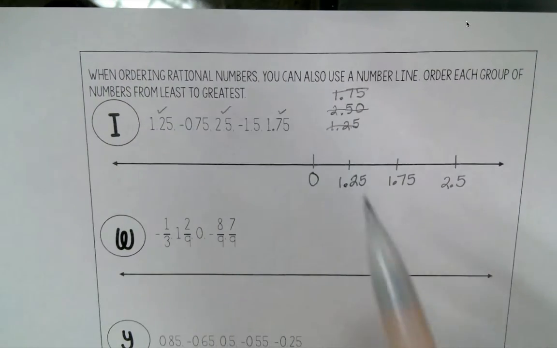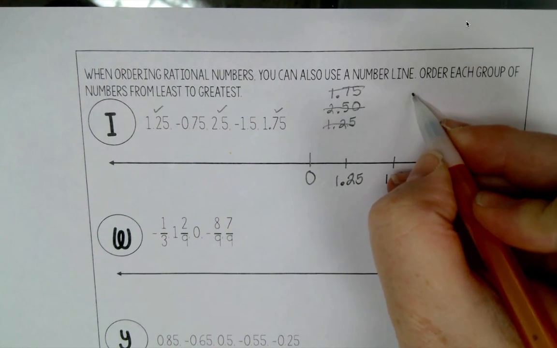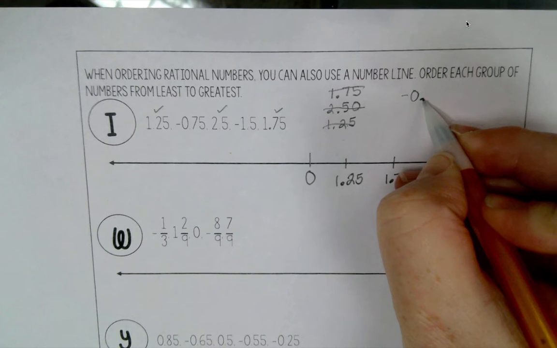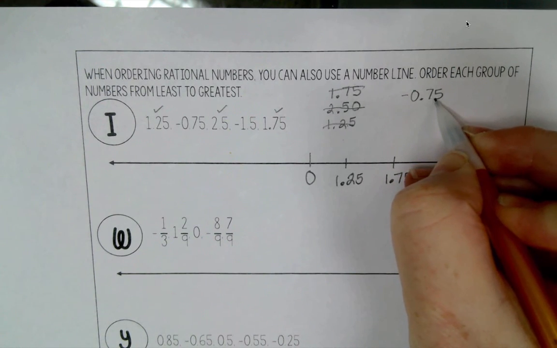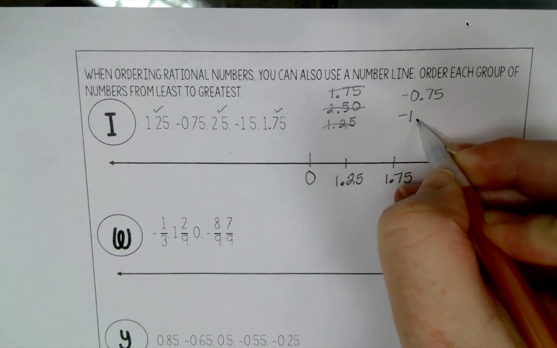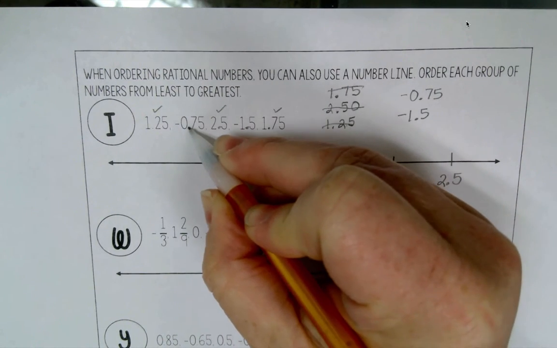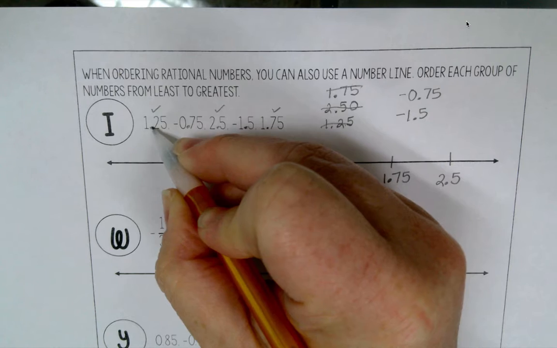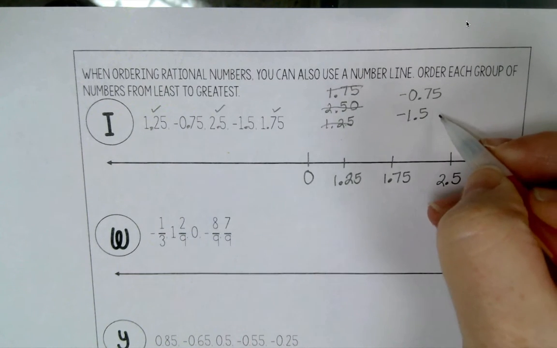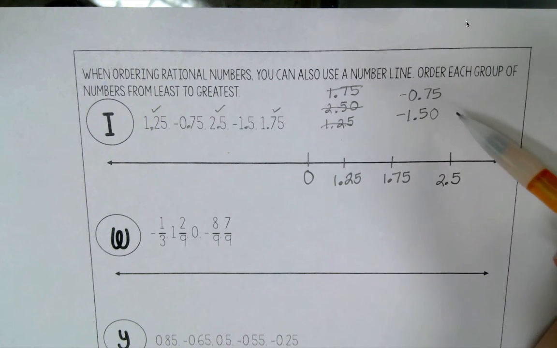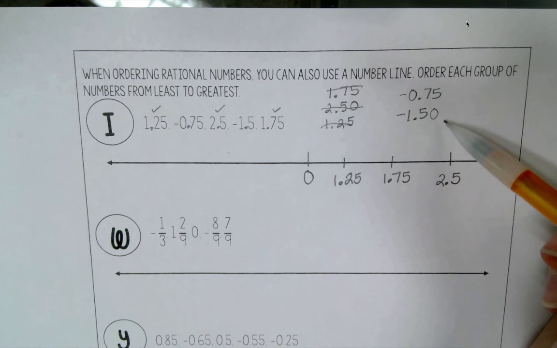Now I have negatives. So coming over here, negative 0.75 and negative 1.5. So when we're looking at this, I'm going to fill in my 0. Okay. So which of these is closer to 0?